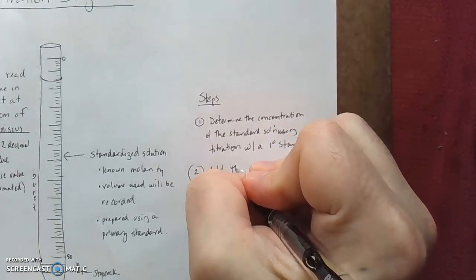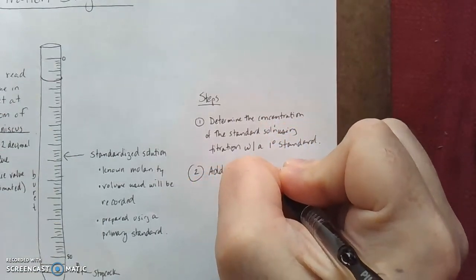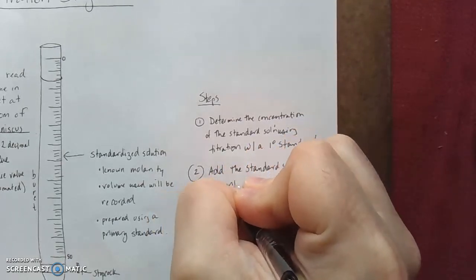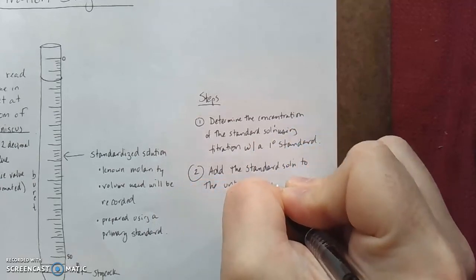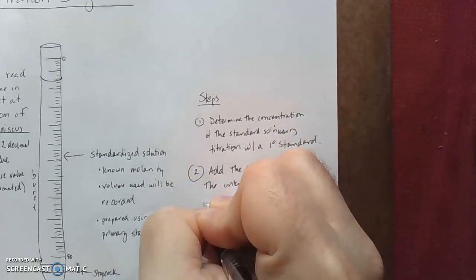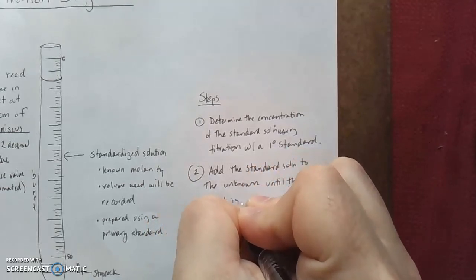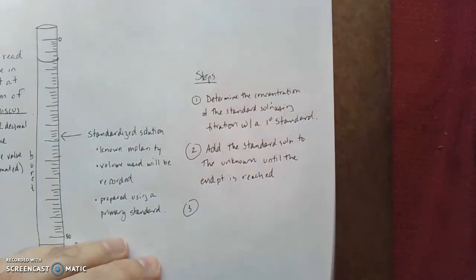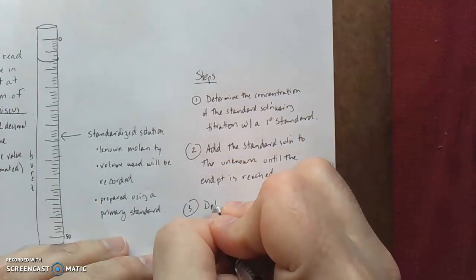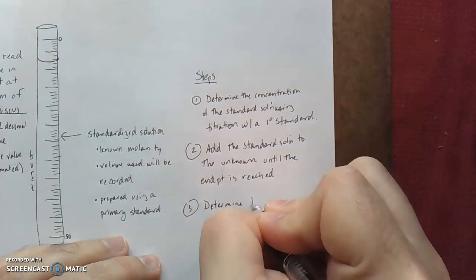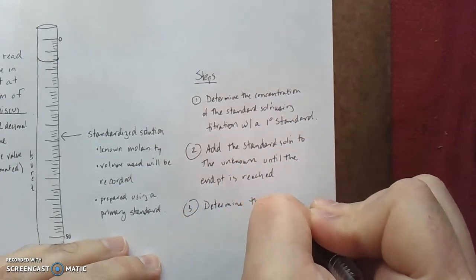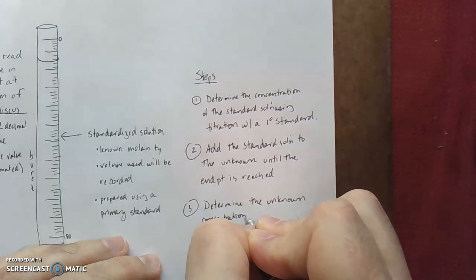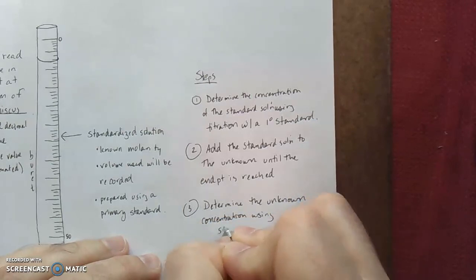So we're going to add the standard solution to the unknown until the endpoint is reached. And lastly, we're going to determine the unknown concentration using stoichiometry.